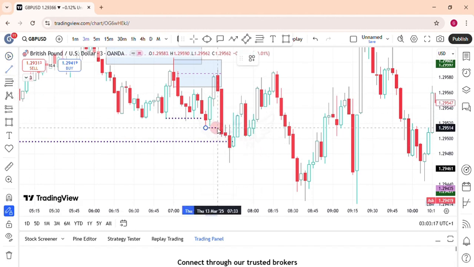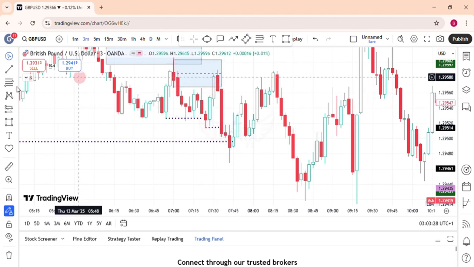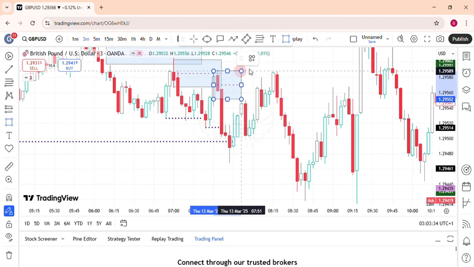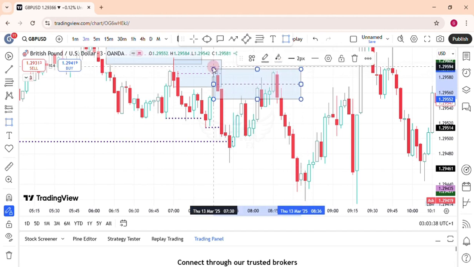You see how price closed below it here and created a very obvious fair value gap. This fair value gap will be easy to spot and to trade when you put your entry right here. You put your stop loss right above this previous high.